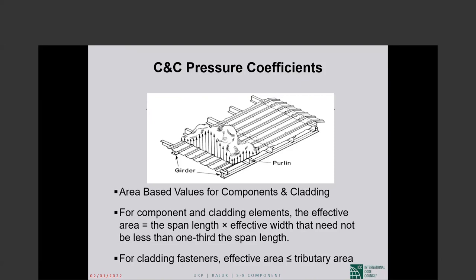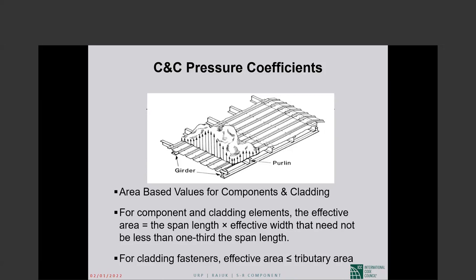Effective area is defined as the span length, like for this purlin, multiplied by an effective width that need not be any less than 1/3 the span length. This is how it has always been phrased.